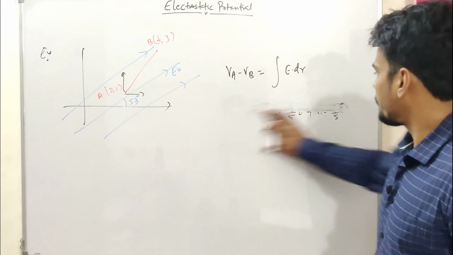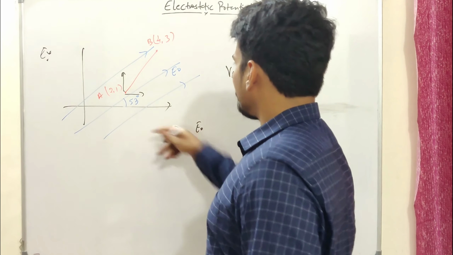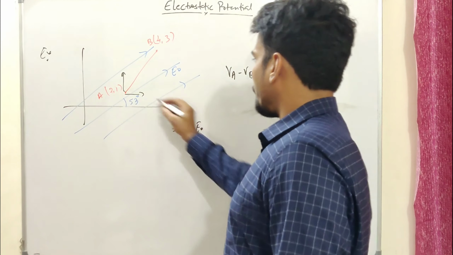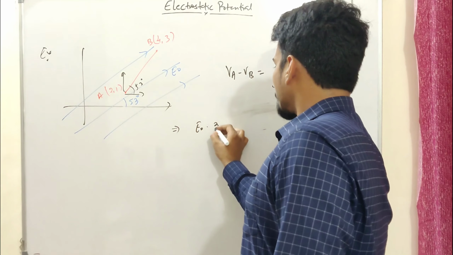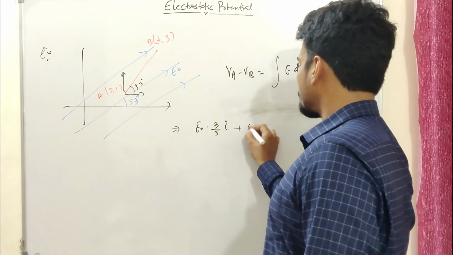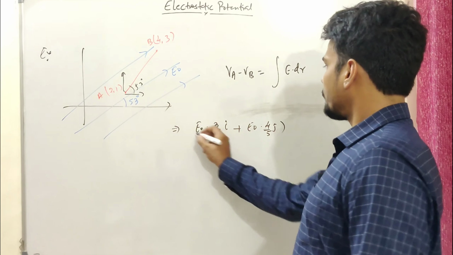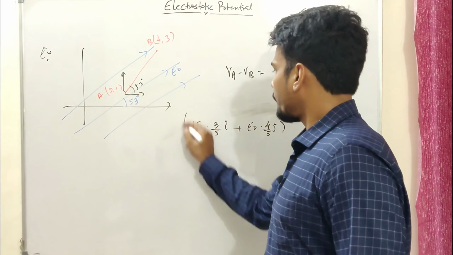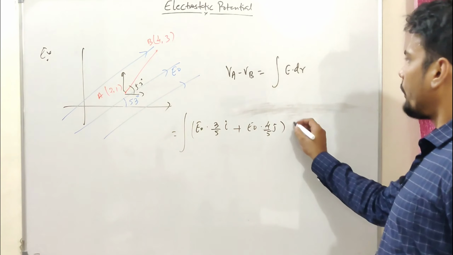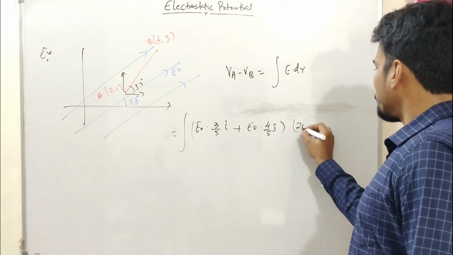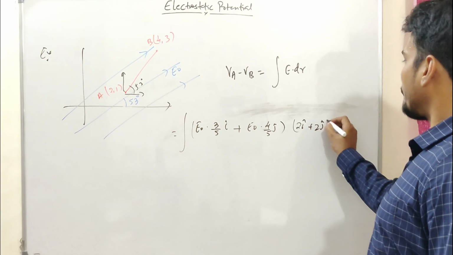Okay, let me write it here. So this should be your E naught, if the field is E naught cos 53, and this angle is again going to be 53 only, isn't it? Cos 53 is nothing but 3 by 5 i cap, plus E naught sine 53 will be 4 by 5 j cap. The integration of dr is going to be from A to B. That should be how much? 4 minus 2 i cap, and this is going to be 3 minus 1, again 2 j cap.